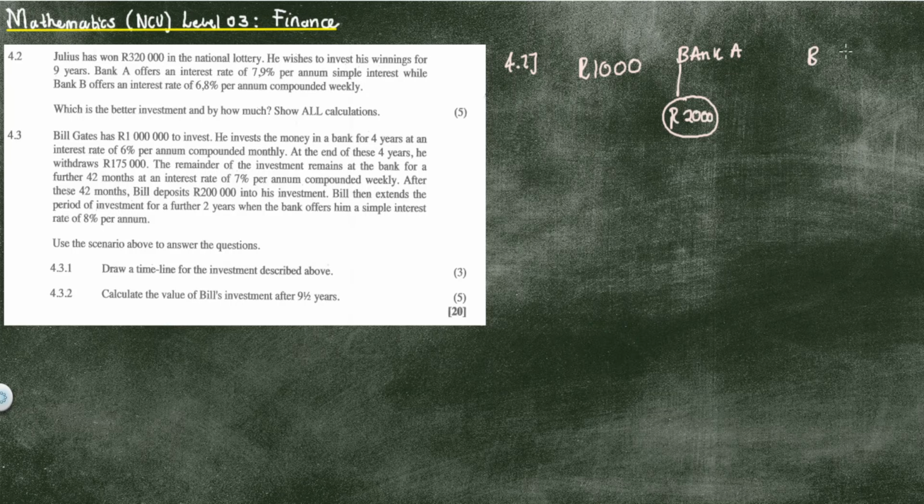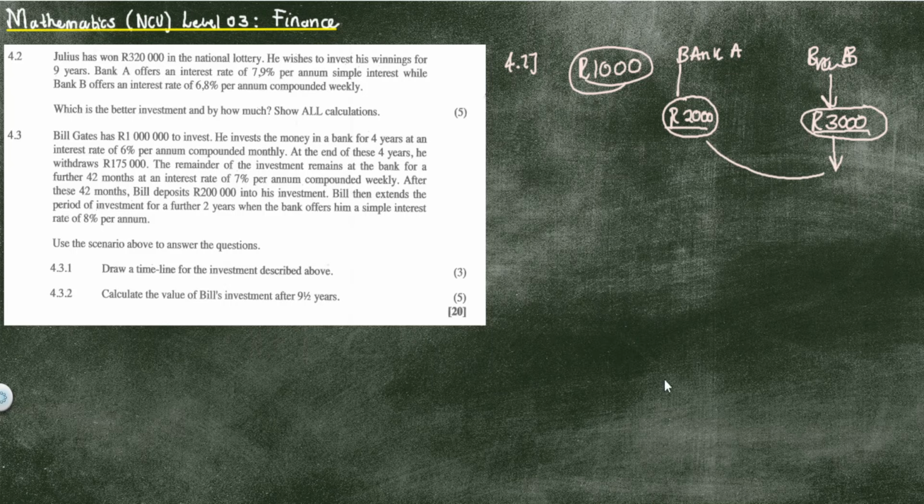Then for Bank B, after making this initial investment of 1,000 rand, you are now having 3,000 rand after your investment period. So it's apparent here that Bank B is the better option because there's more yield in Bank B than in Bank A.